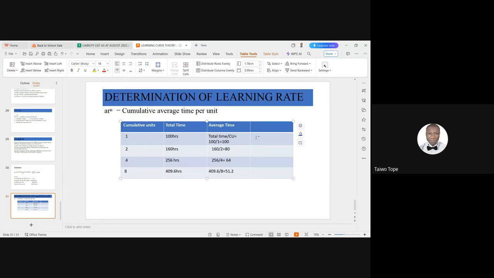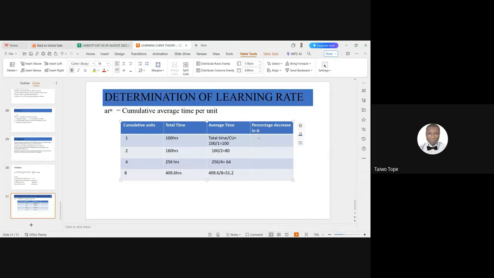So now, for you to determine the percentage decrease in average time, let me write it.